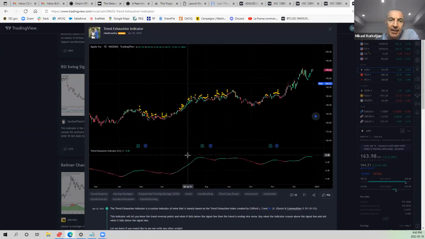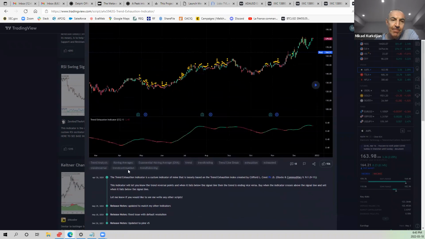So basically, whenever there's a sense that the current trend may be going through a reversal, the indicator will give us an indication, and it's color coded, so it's easy to see.